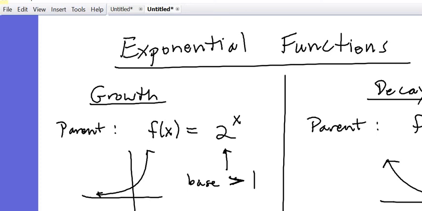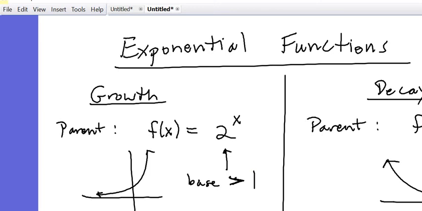So for both the parent growth and the parent decay, you have a horizontal asymptote, y equals 0, and again, horizontal asymptote, y equals 0.